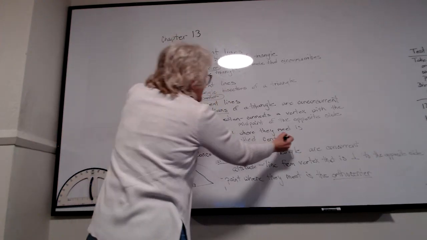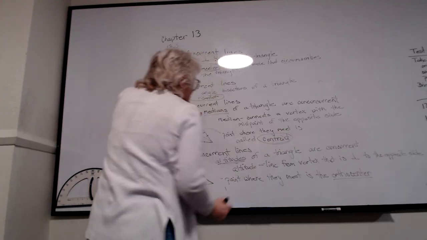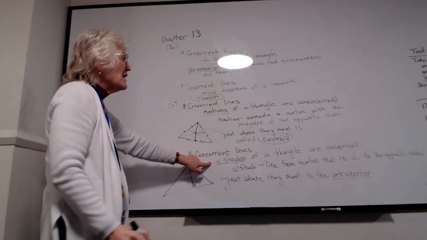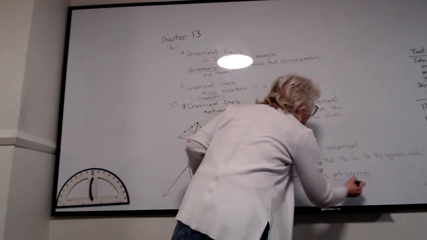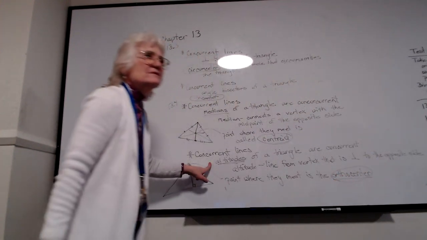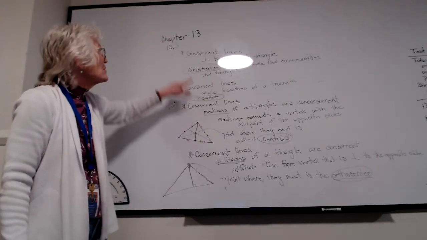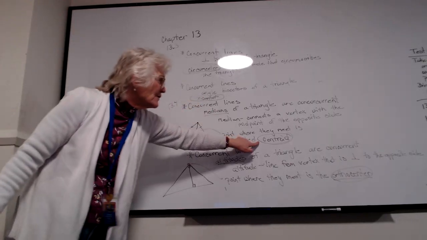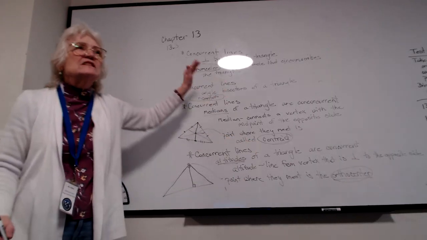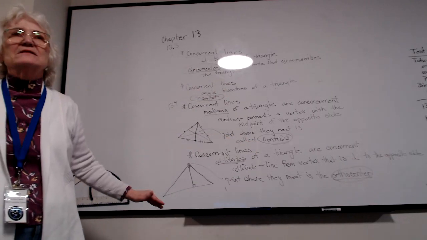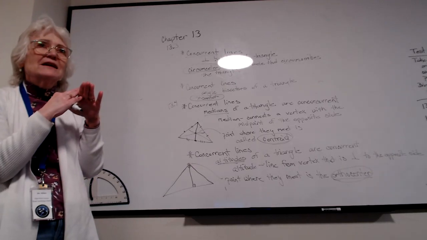If you have medians, where they meet, it's called the centroid. If you have altitudes where they meet, it's called the orthocenter, okay? So those are the different names of the points where those different things meet or are concurrent, okay?